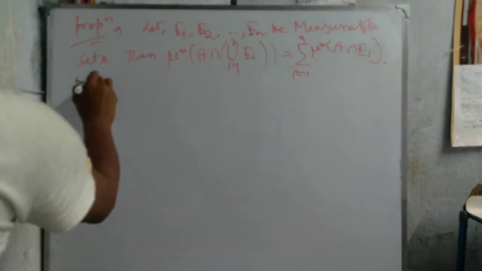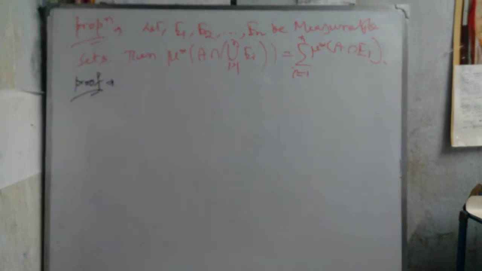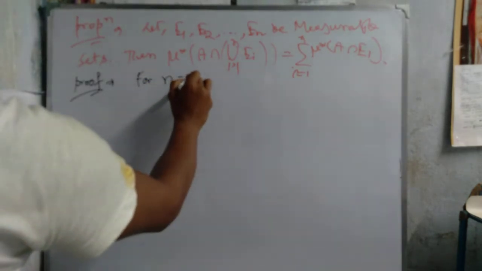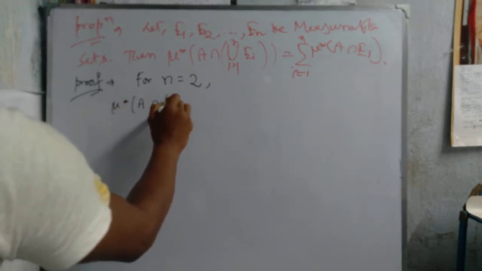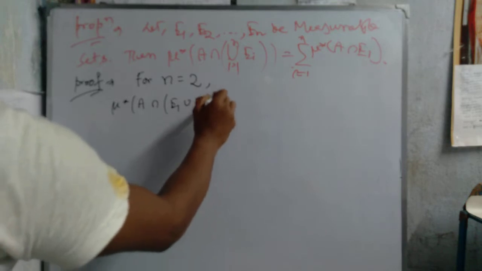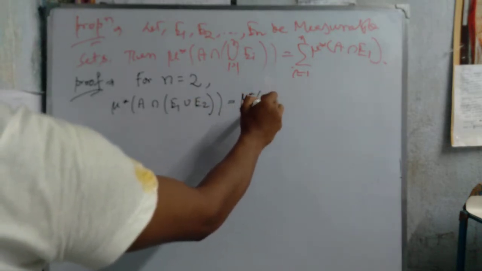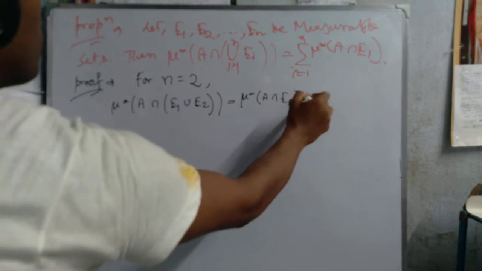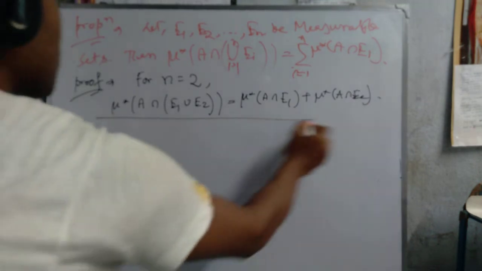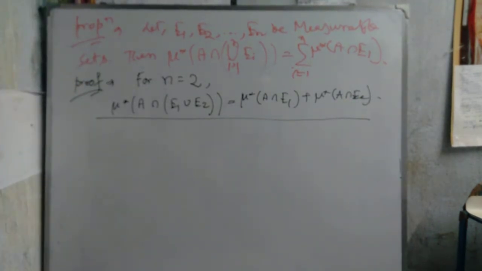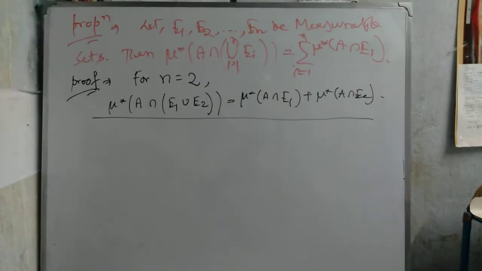Proof. What we do here, we first do it for n equal to 2. For n equal to 2, mu star of A intersection (E1 union E2) equals mu star of A intersection E1 plus mu star of A intersection E2. Also proved in the previous proposition. Yes or no? I think yes.